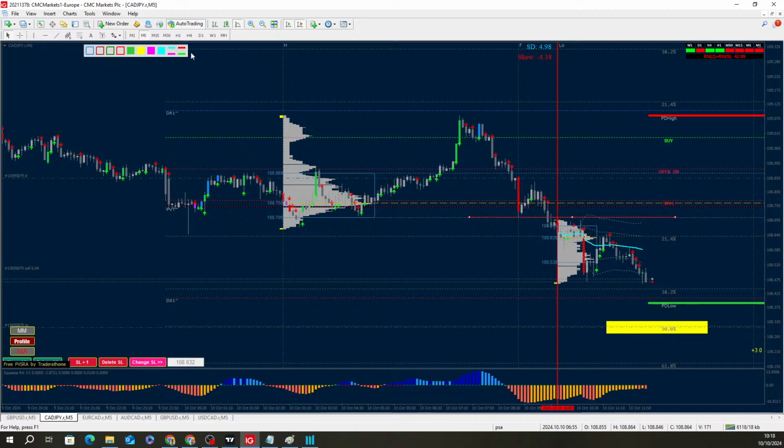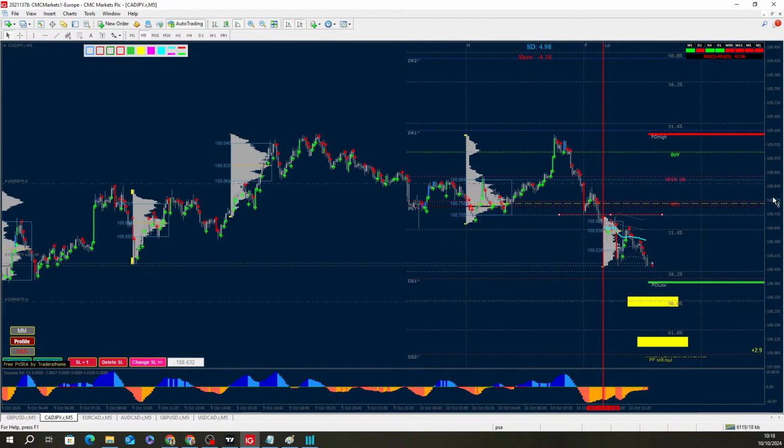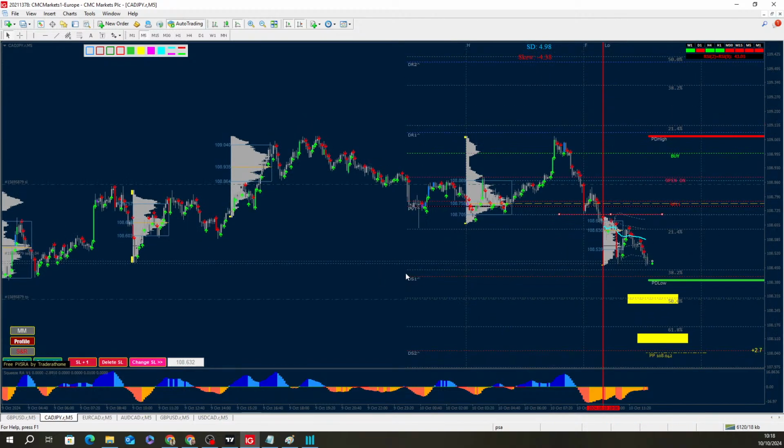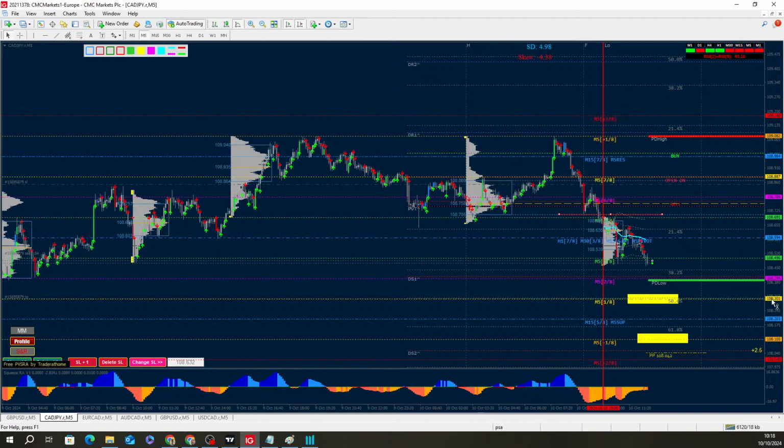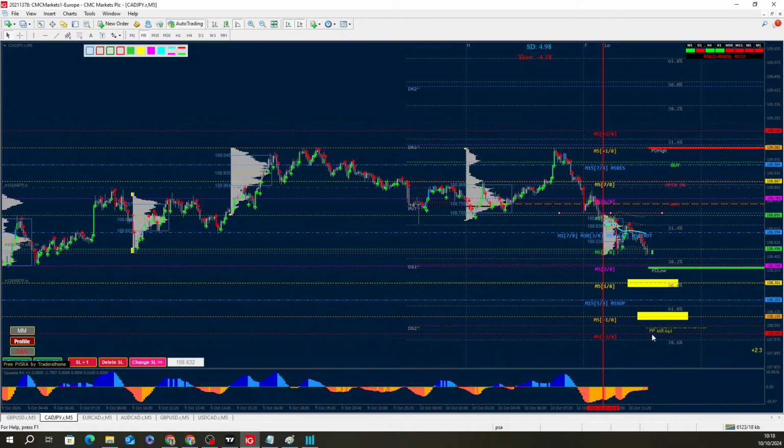Let's analyze the pivots. So we have the daily S1 here, we have the daily S2 here. I'm going to enable the more again. Okay, minus 2 of 8 here is not bad.